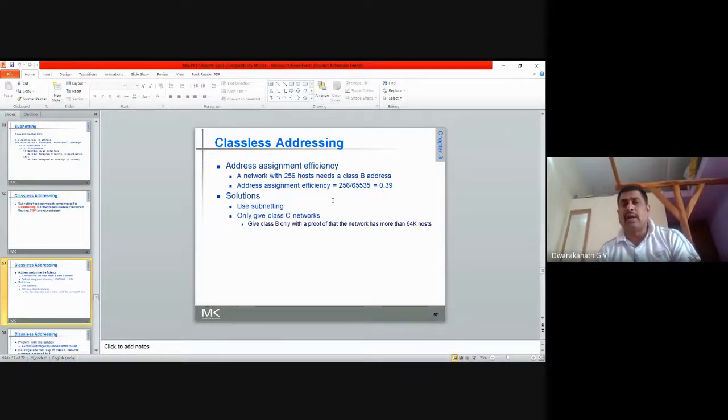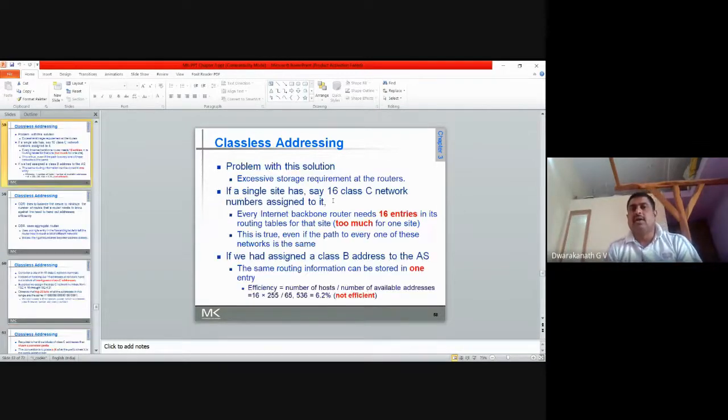With only one class B IP address, more than 64 kilo hosts, that is 64,000 hosts, can be accommodated in a class B. Because of this particular reason, we can't allocate an entire class B IP address to each and every system.